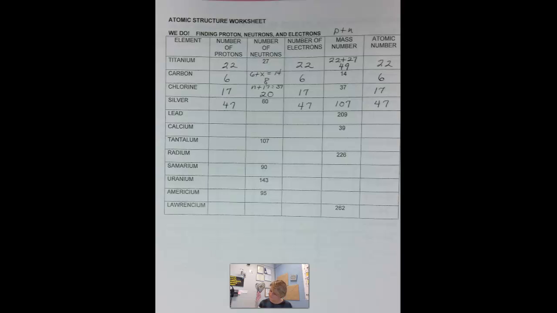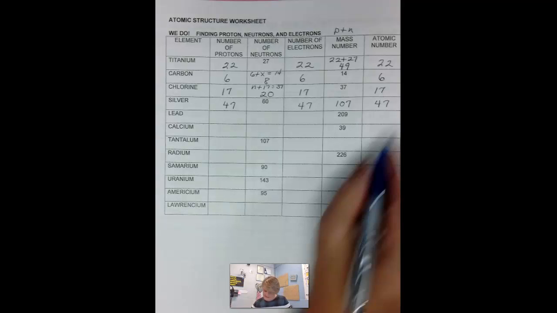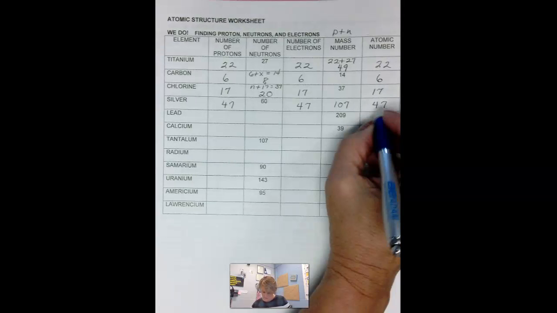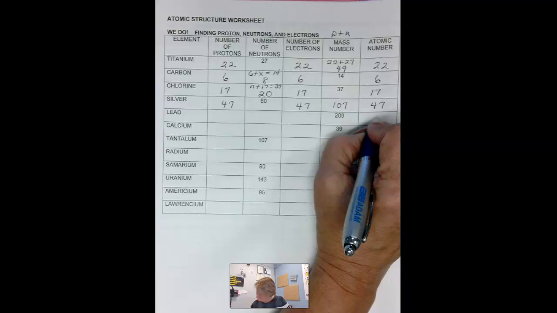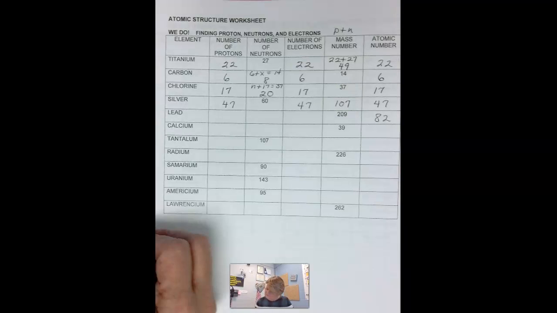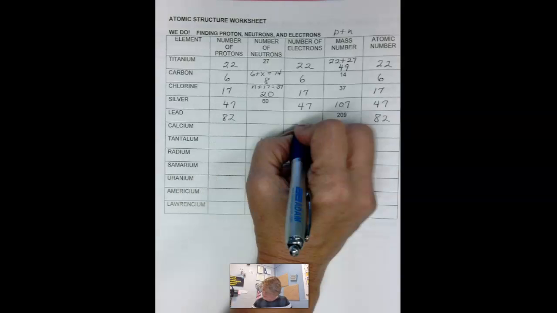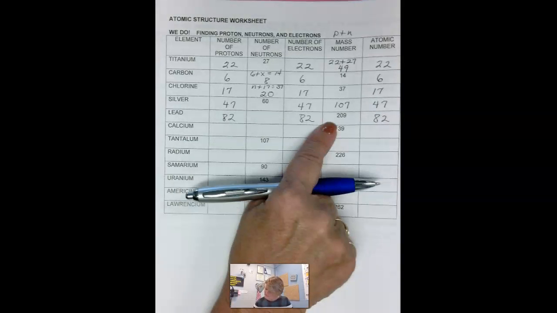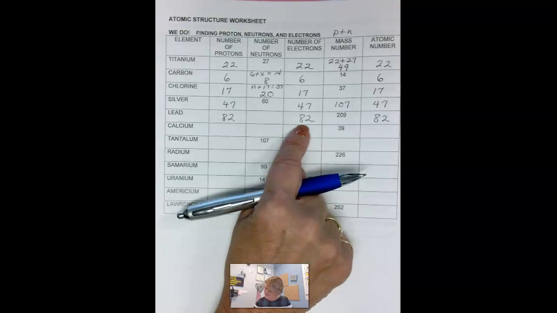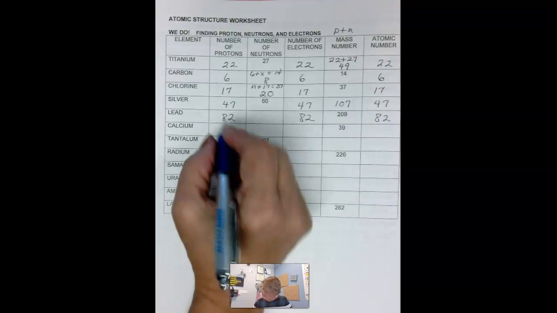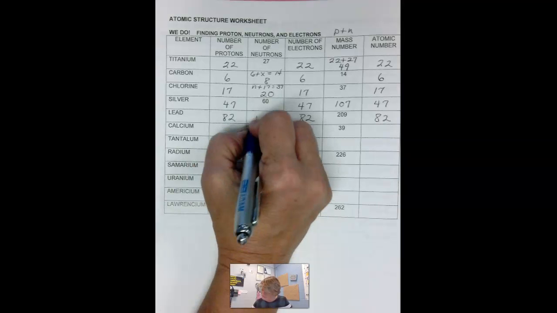Lead, and if I go too fast, just hit the pause button until you are ready. So lead is going to be Pb. Again, don't just let me do the problems for you. Pause it, try to get the answers, and then watch what I do. So lead again is Pb. It has an atomic number of 82. Gives you 82 protons, 82 electrons, and my mass number is 209. So 209 minus 82. What does that give us? 127.